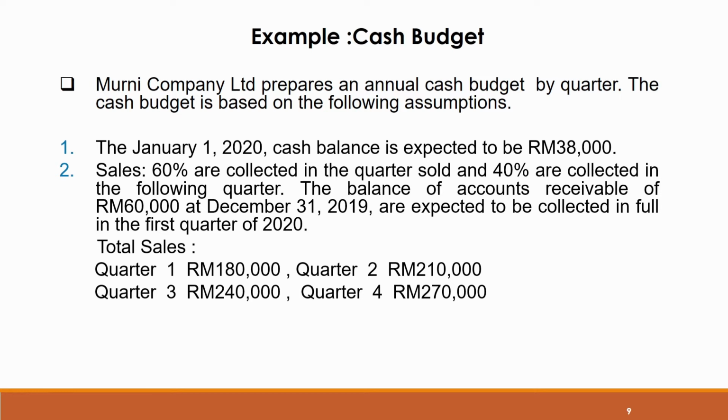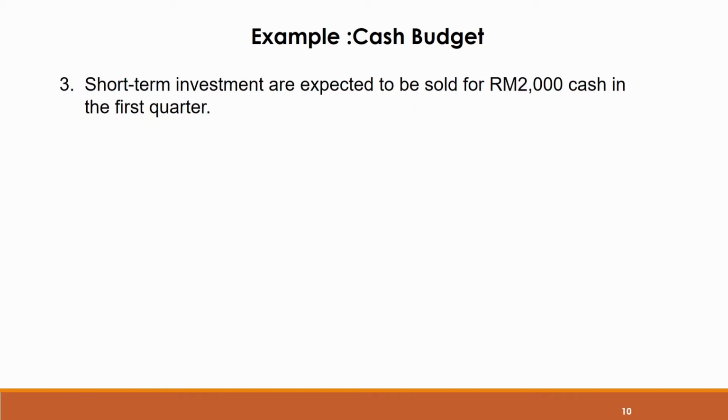And we also have to record the balance of accounts receivable. Number three, short-term investments are expected to be sold for Rm 2,000 cash in the first quarter. So we have to record it in the cash receipts section.